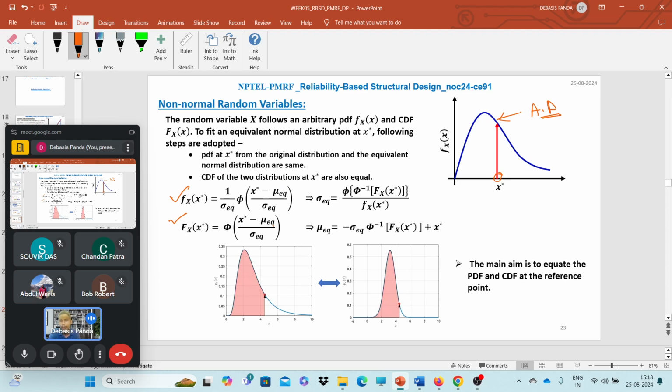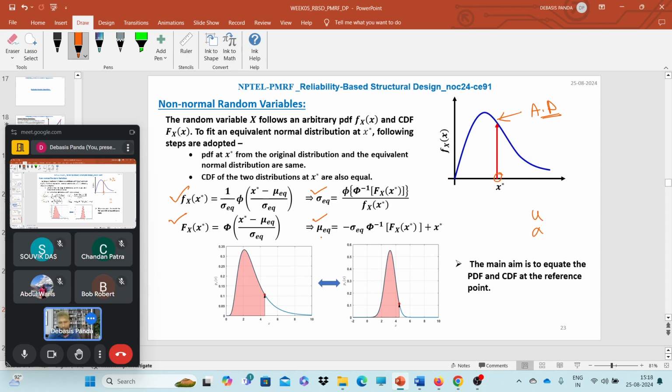Once we get that PDF and CDF and simplify, we will get the equivalent normal parameters. The equivalent normal has only two parameters, mu and sigma, so we will get mu and sigma. The concept is to first select one reference point and fit the equivalent normal distribution there. The main aim is to equate the PDF and CDF at that reference point.